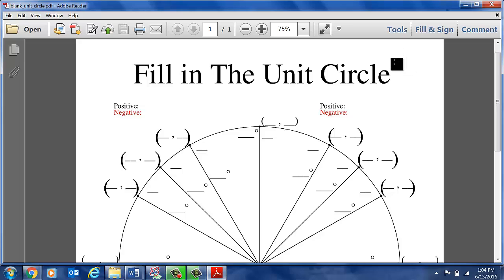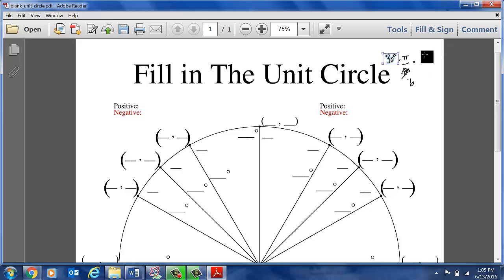So for example, if I have 30 degrees and I want to convert to radians, I'm going to multiply by pi over 180. So this is going to be, let's see, 30 goes into 180 6 times, right?